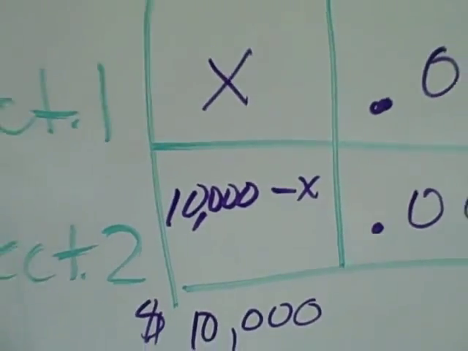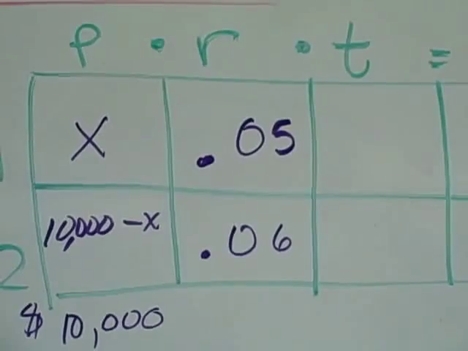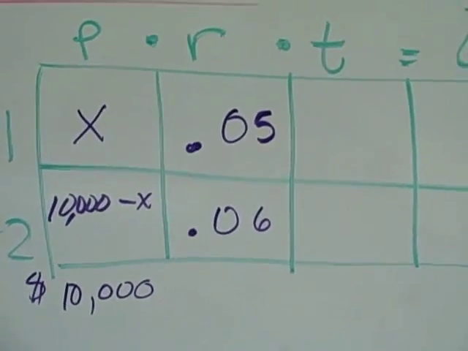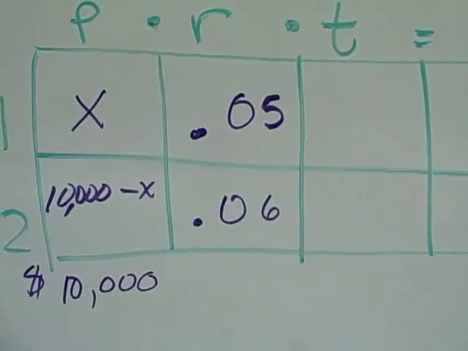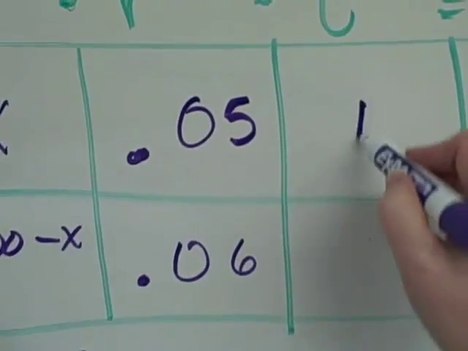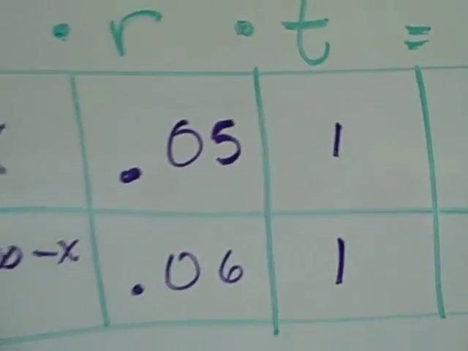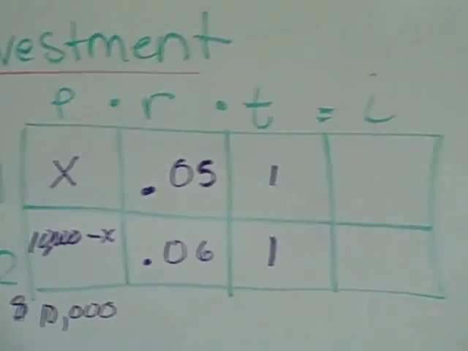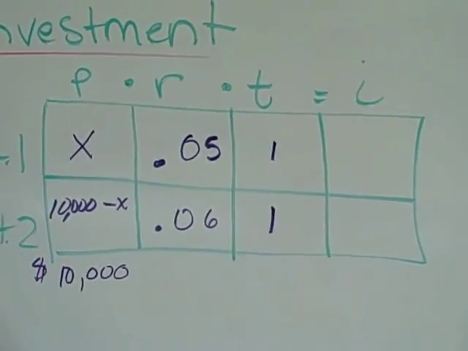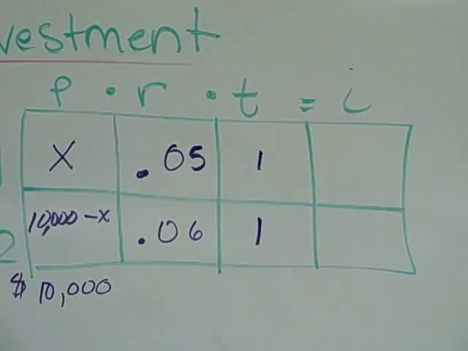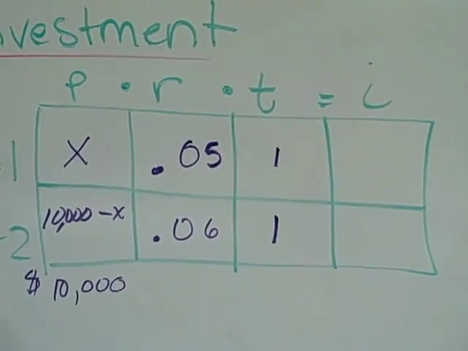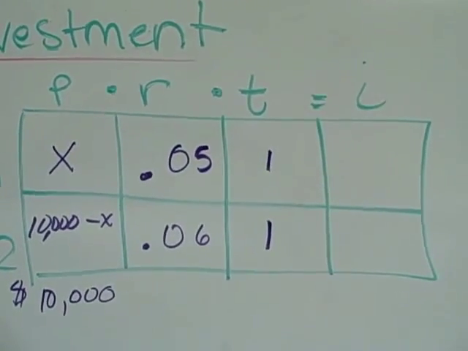Now, according to the story problem, he has the amounts in the accounts for 1 year. Now, whenever we're trying to find interest, the formula is principal, which is the amount invested, times rate, which is your percent, times time in years, and that will give you your interest.